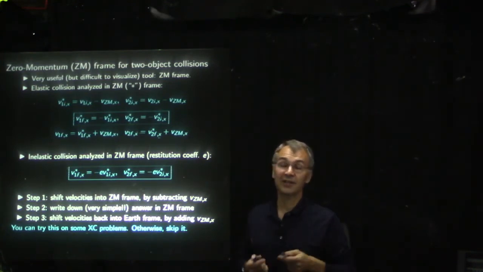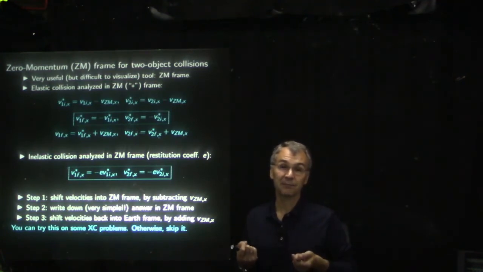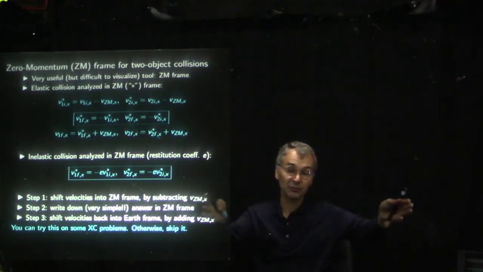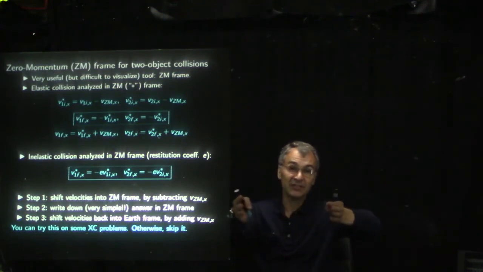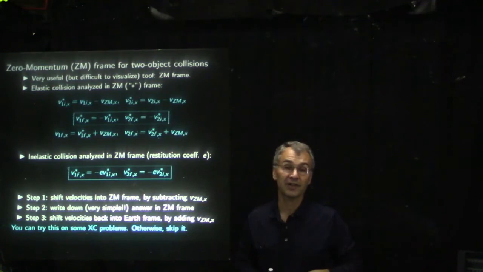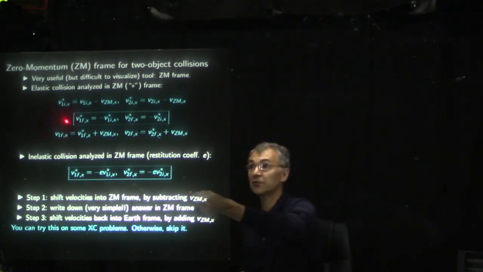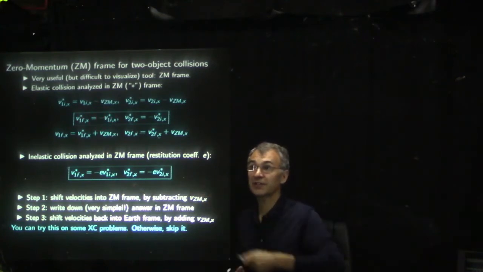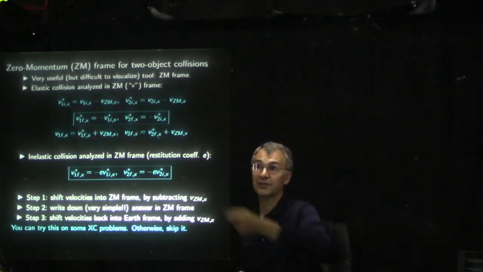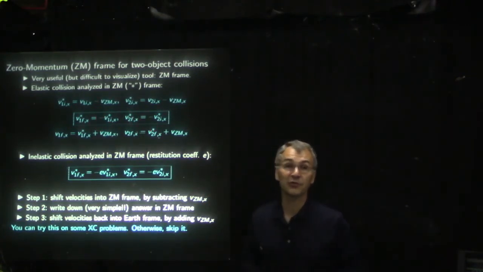If you do that, then if the collision is elastic, so if the center of mass of the system is not moving, then in an elastic collision, each object's velocity simply reverses sign. That's all. So v1 final star is just the negative of v1 initial star, and v2 final star is just the negative of v2 initial star.